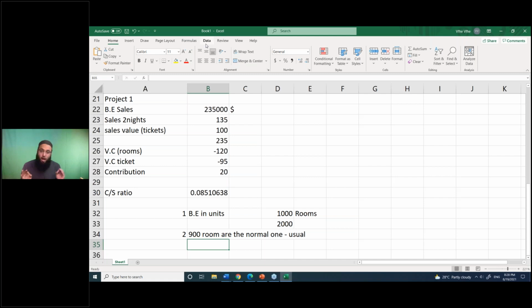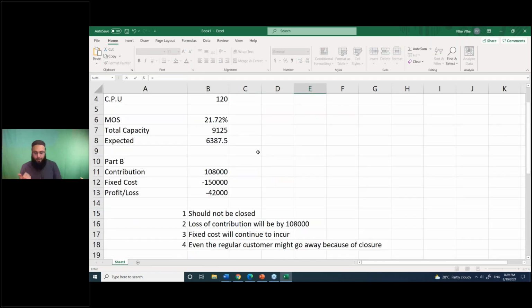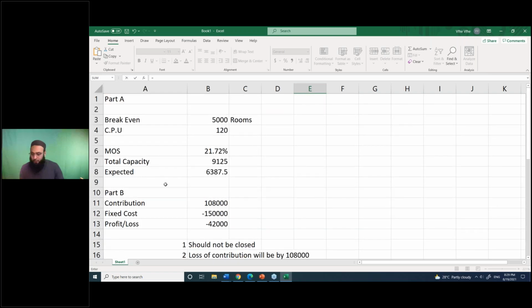Now, how many rooms do you have in quarter 1? That's the question. So let's work out rooms availability in Q1. Okay, so how to work out? It's very simple. See, I've done the calculation above. Here is the working where I worked out the total capacity of 9125.